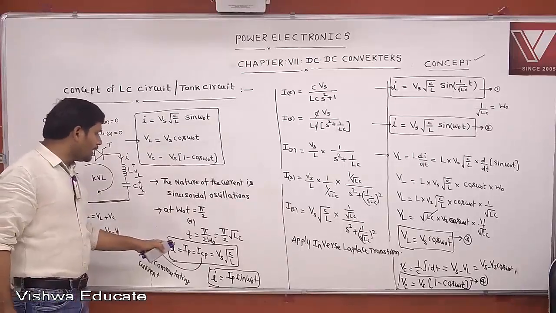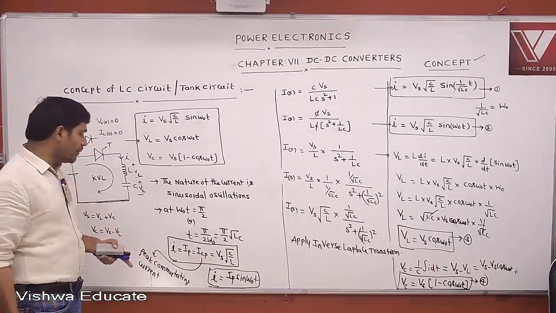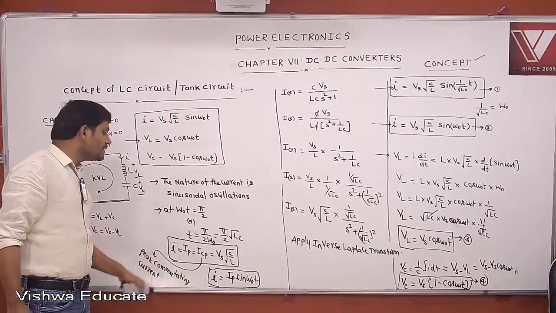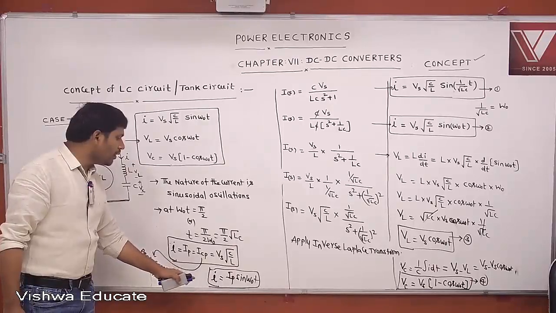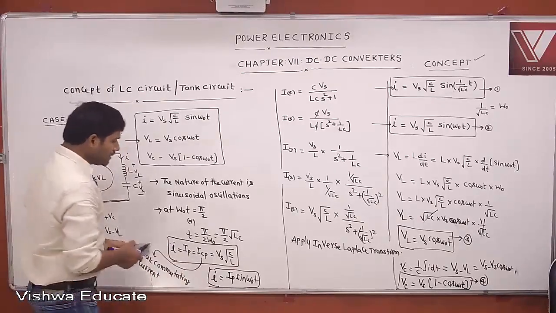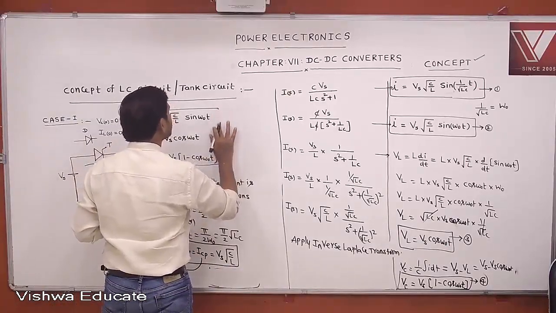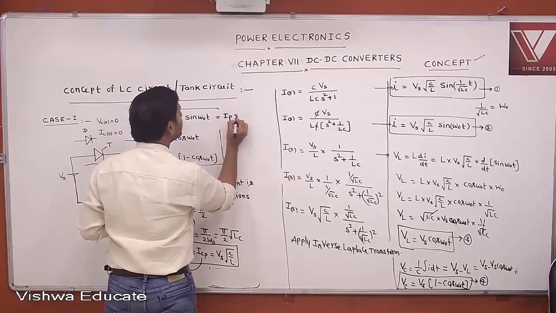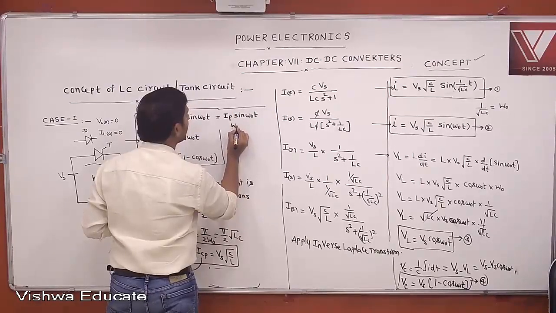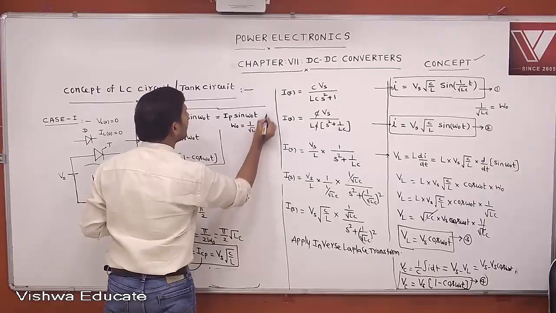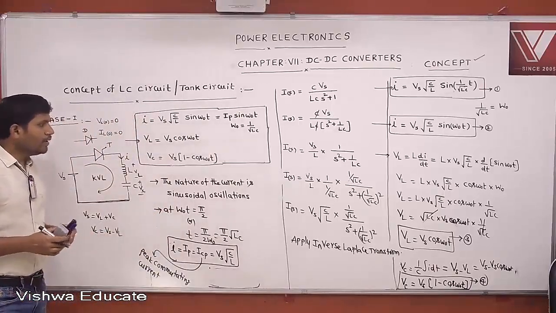At omega naught t equal to pi by 2, current becomes maximum, I equal to IP equal to VS into square root of C by L. In general, I is also equal to IP into sin omega naught t, where omega naught equals 1 by root LC.